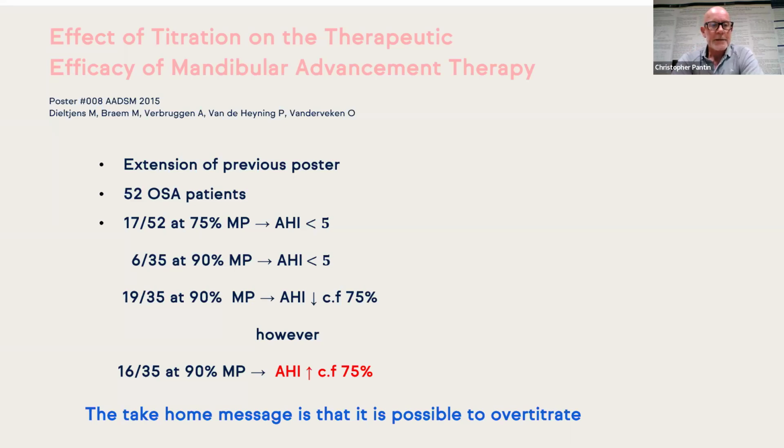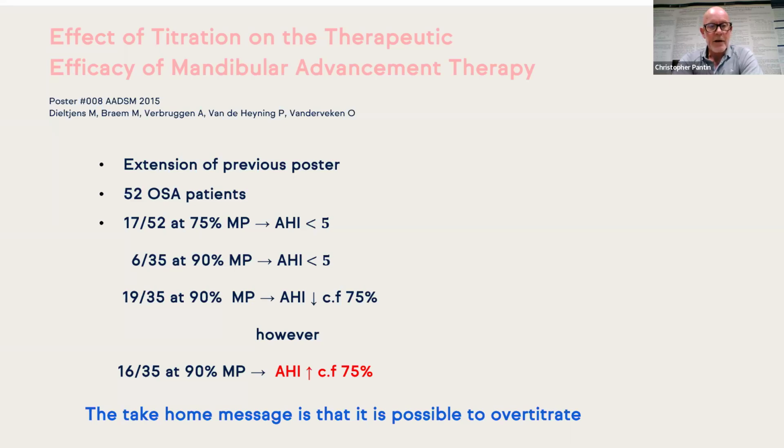So you can see that 17 out of 52 were responders in the first 75% group. Then when it went to 90%, 6 out of the 35 left over were responders. So that's 23 out of 52 were responders.